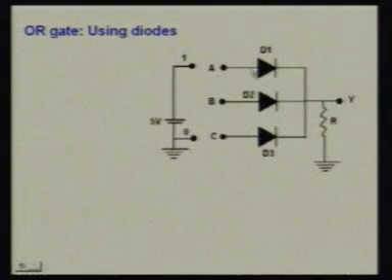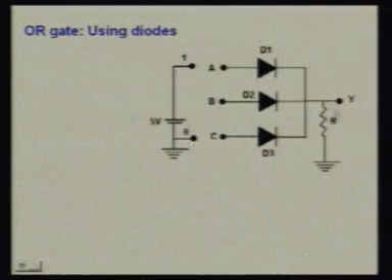Since the supply is 5 volts, the voltage drop across D1 will be around 0.2 volt if it is made of germanium, and around 0.6 to 0.7 volt if it is made of silicon. The rest of the voltage drop will be across the resistance R, so we will get around 4.3 or 4.7 volts depending on which kind of diodes we have taken.